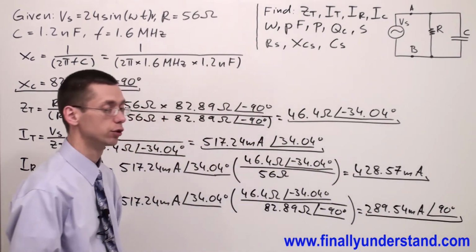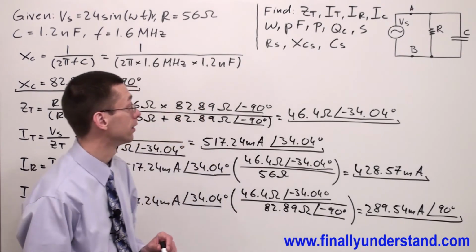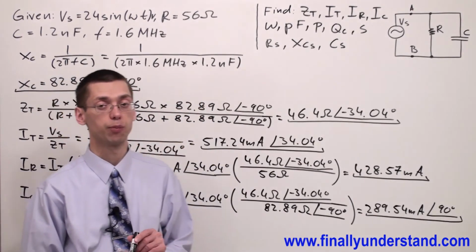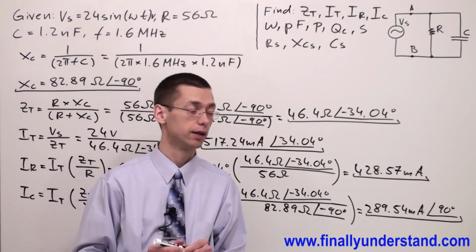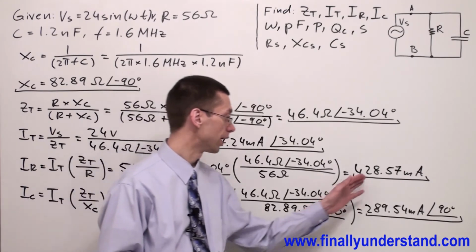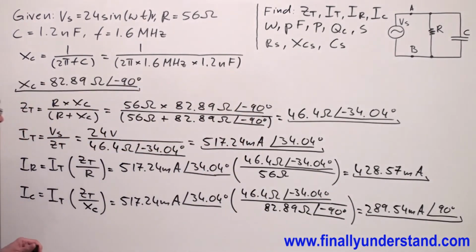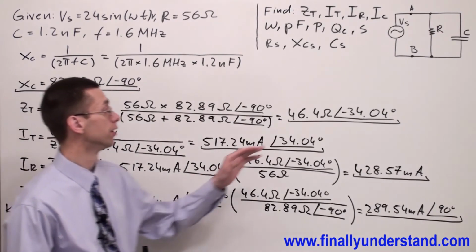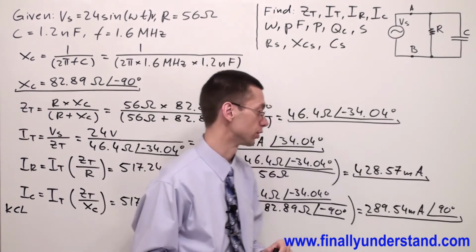We found two currents: current which will go through the resistor and current which will go through the capacitor. Next thing which we're supposed to do is verify if the obtained answers are correct. So we're supposed to use KCL, Kirchhoff current law, which says that the sum of these two currents will give me the total current in my circuit.